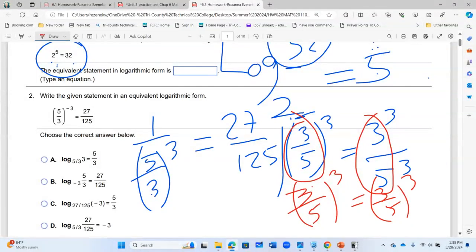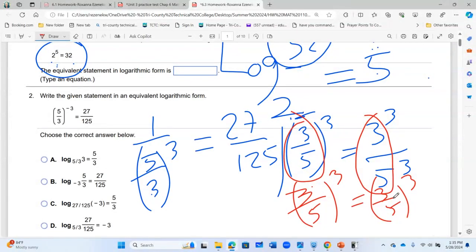Okay, that is the way we can rewrite it. Choose the correct answer. Did they say we have to put it in logarithmic form? Write the given statement in an equivalent logarithmic form.